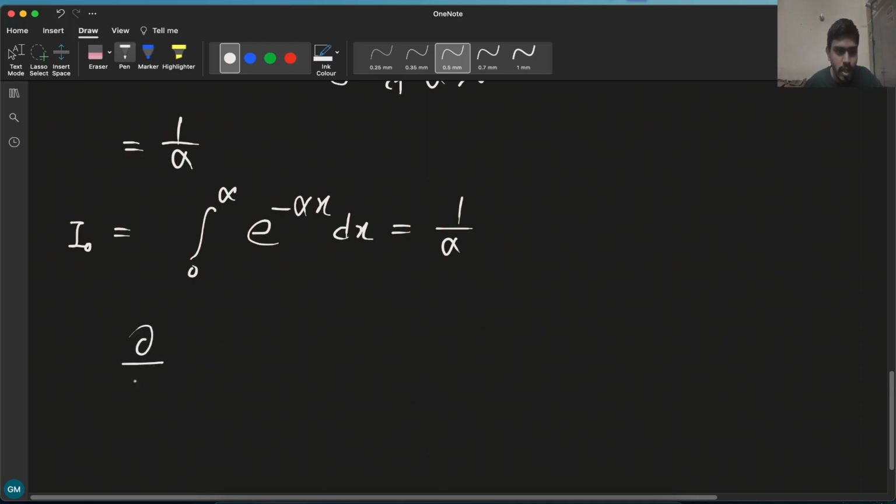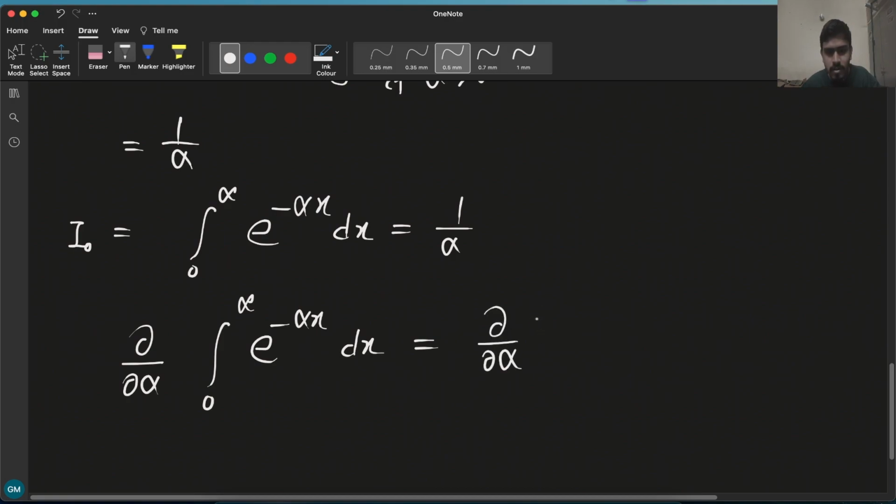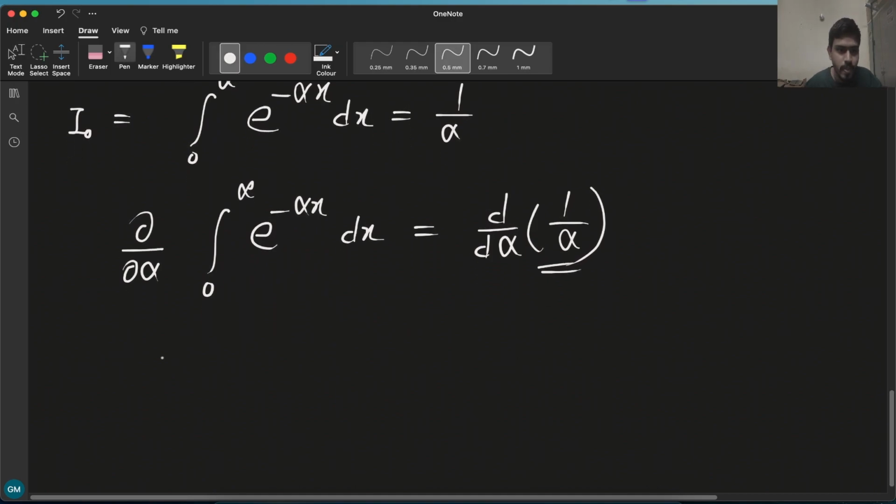I do del alpha of the integration 0 to infinity e to the power minus alpha x dx, equals, on the right hand side, del alpha of 1 by alpha. But here it's only a function of alpha, so there is no need of writing a partial derivative. I can also write d by d alpha. Both will be correct.